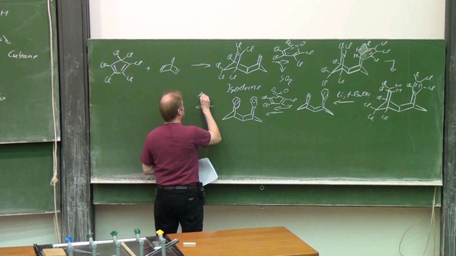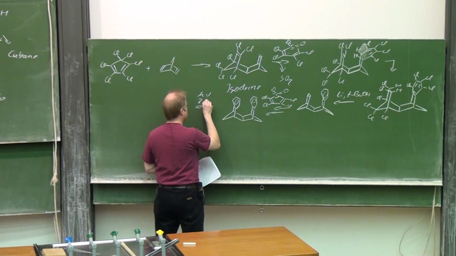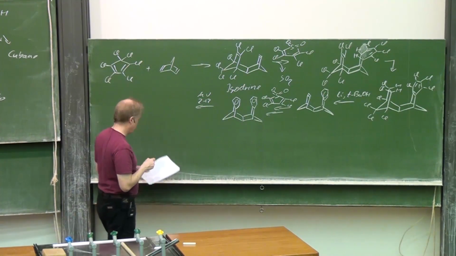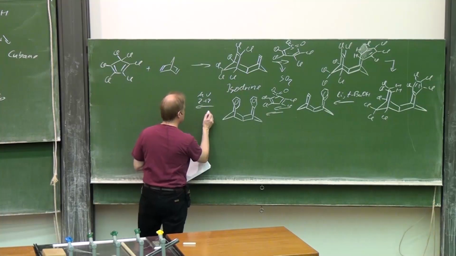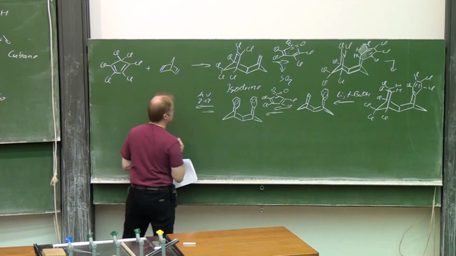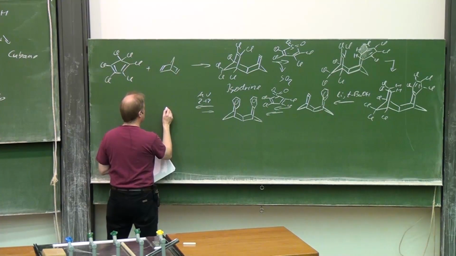And a photochemical 2+2 cycloaddition reaction is possible, it's an equilibrium.